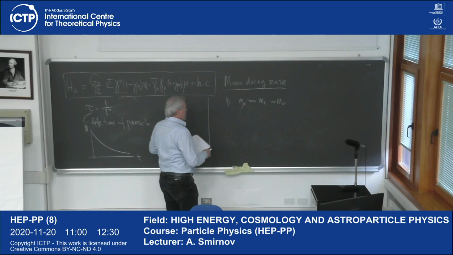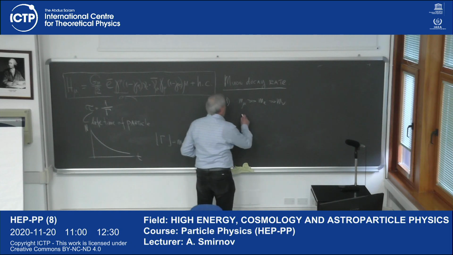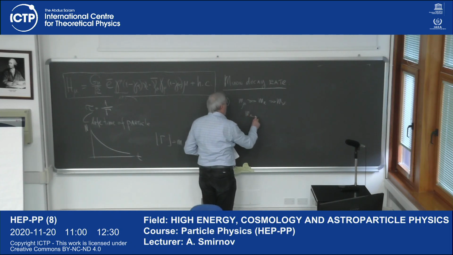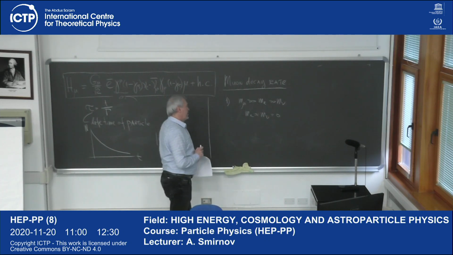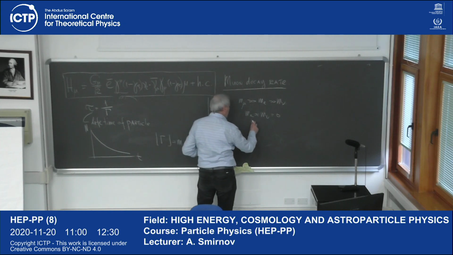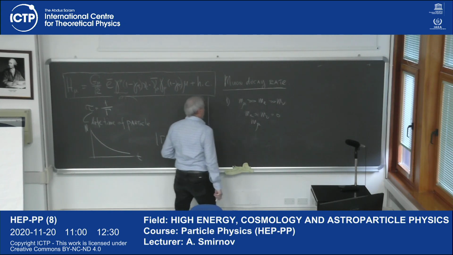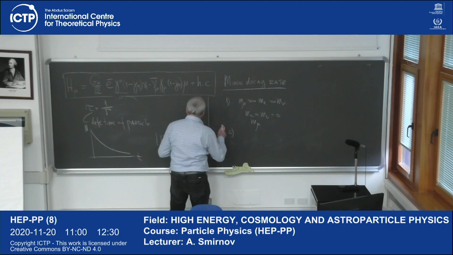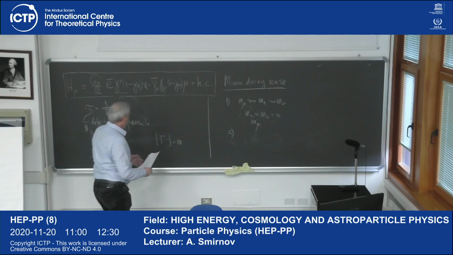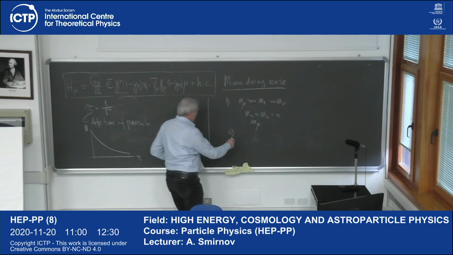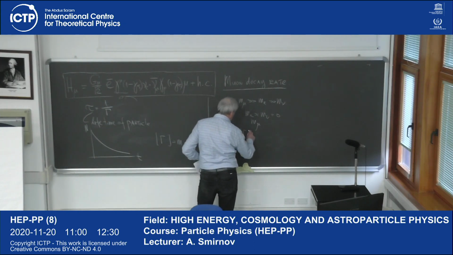So in the first approximation, we can consider the electron and neutrino as massless, and the only parameter of dimension energy is the muon mass. Second, as I said, the dimension of gamma is mass.